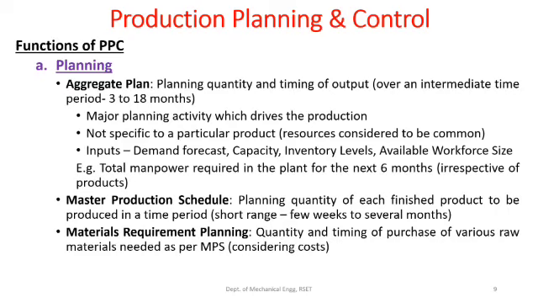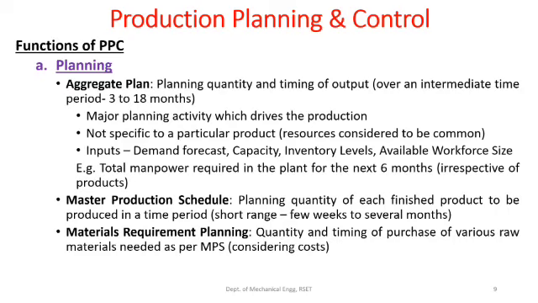You are planning the quantity of finished products to be produced in a given period of time, and the time period usually is a short range, where we predict what will be the quantity of a particular product, say product A, being produced in a few weeks or several months. That kind of a plan, which is specific to a particular product and is specified as a quantity of finished products of a particular type produced in a short time period, is called a master production schedule.